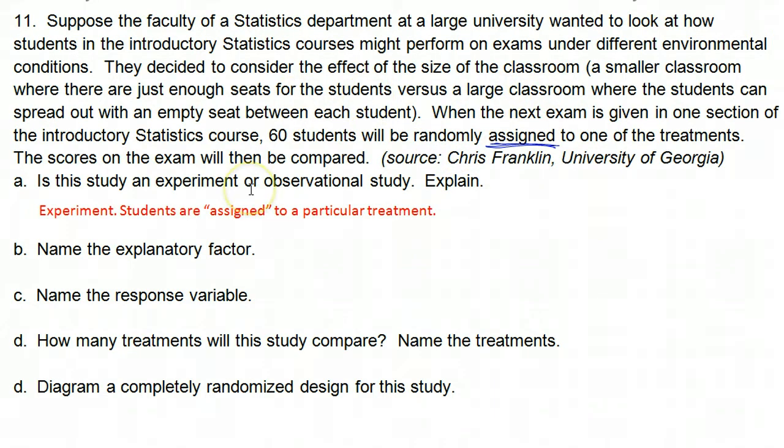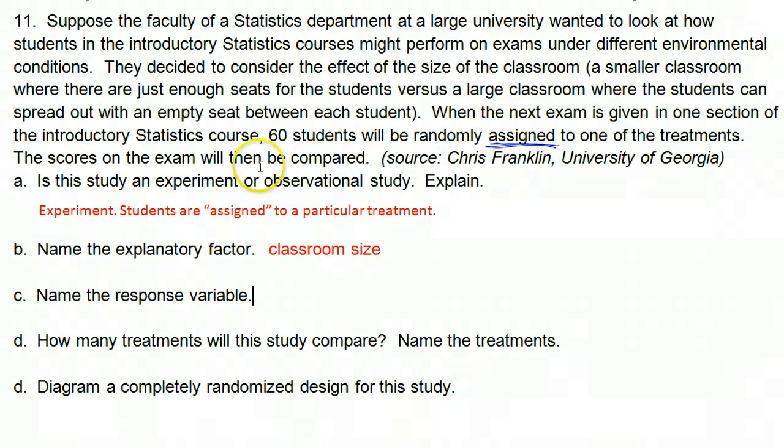So I'm just going to put classroom size. Here we're putting the general category. The difference between this and treatments is when we say what are the treatments, we're going to break it down and say the two types. But here they're looking for the general, the overall label of what we're doing. So classroom size.